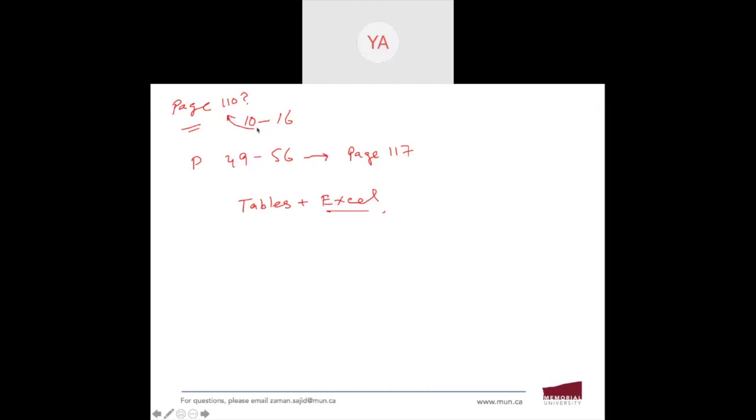Folks, just try these examples 10 to 16 and problems 49 to 56. And if you have any questions, you are more than welcome to ask me. Is there any more question for me?